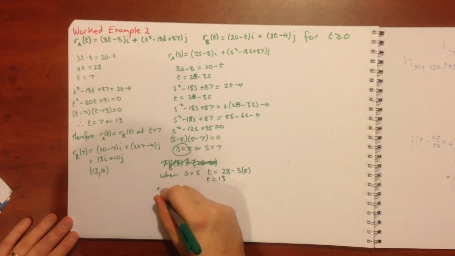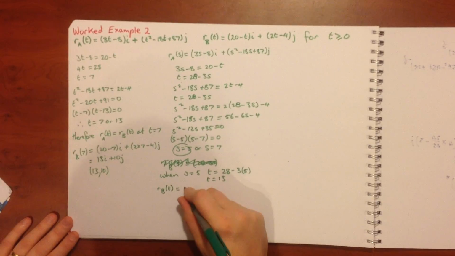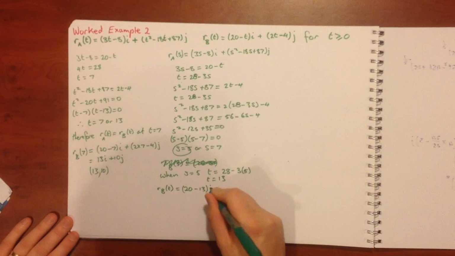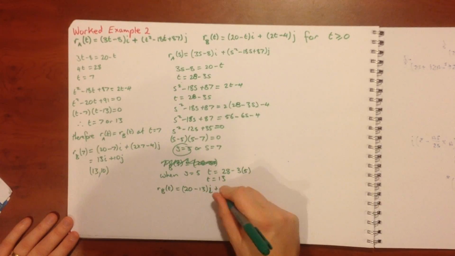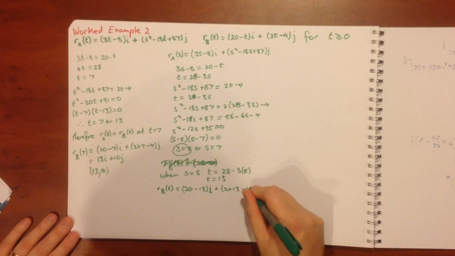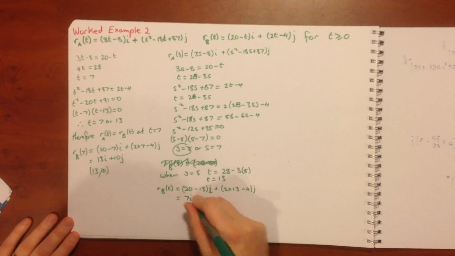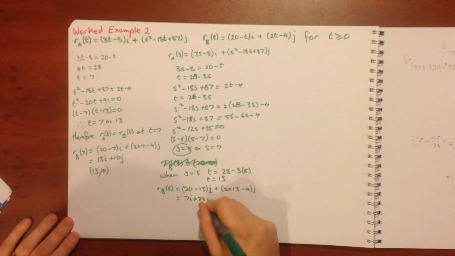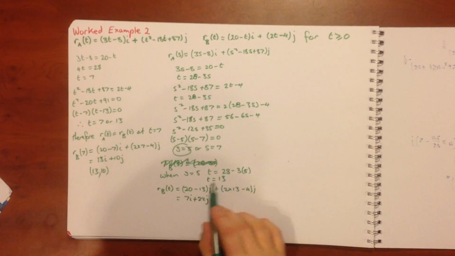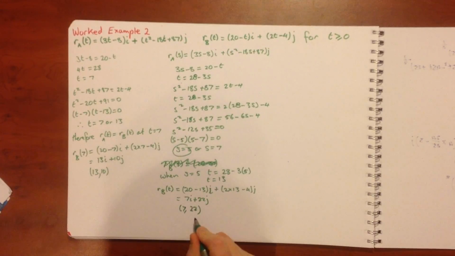We can say our RB of t is equal to 20 minus 13 i plus 2 times 13 minus 4 j, which is equal to 7i plus 22j. So the time when their paths cross is t equals 13, and it's at the point 7, 22.